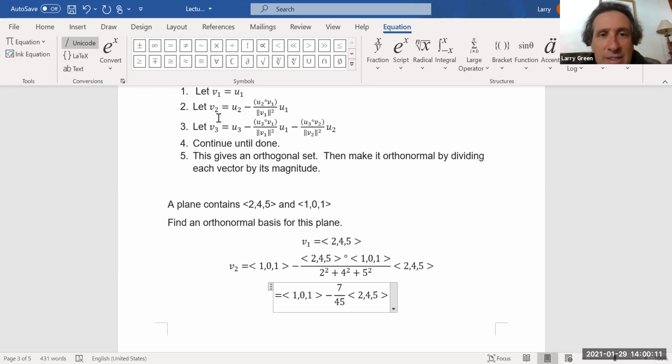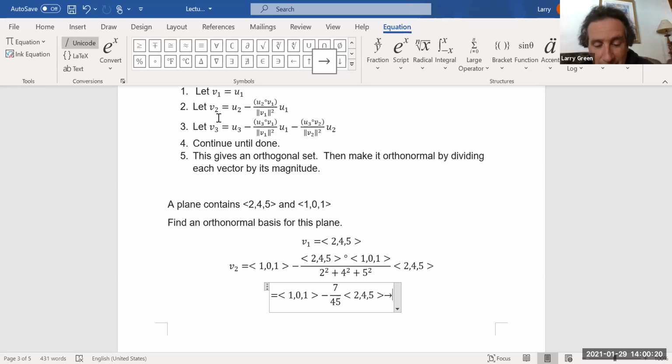So I'm going to multiply by 45 to get 45, 0, 45, minus 14, 28, 35. Any questions on that?